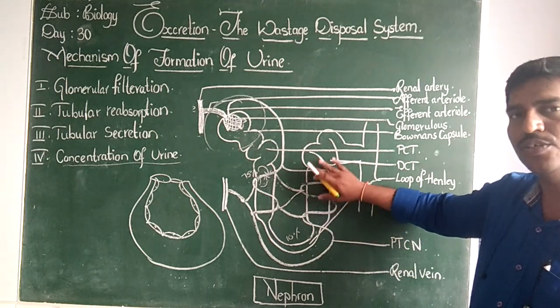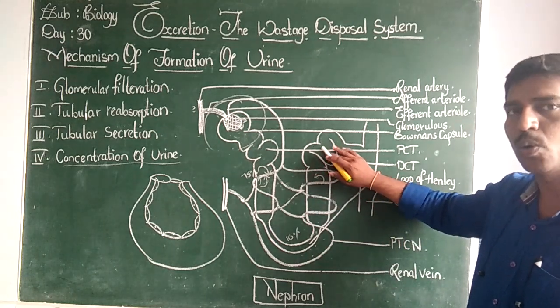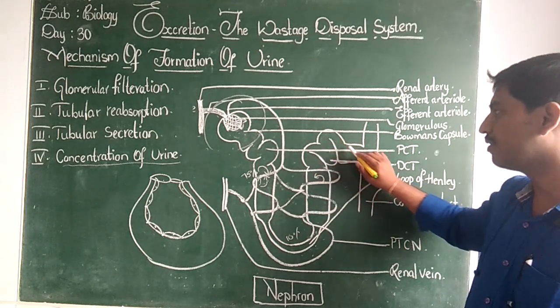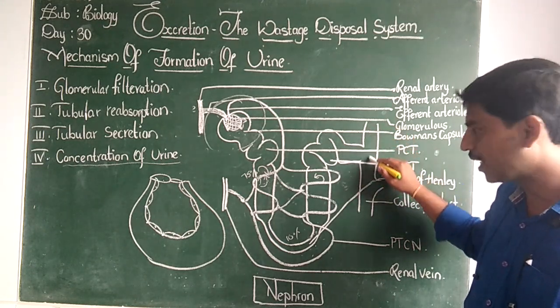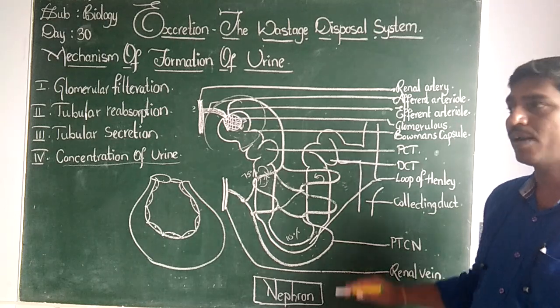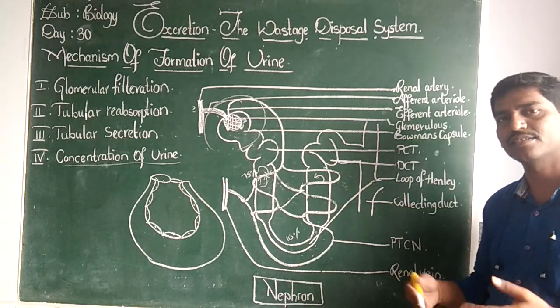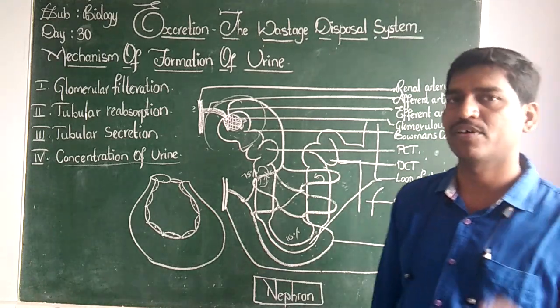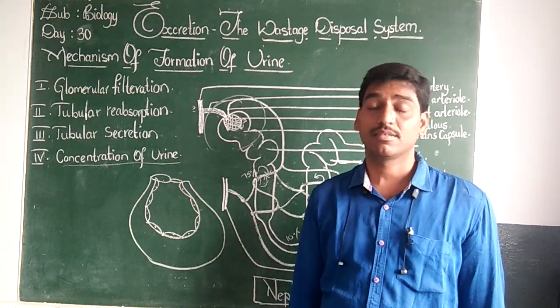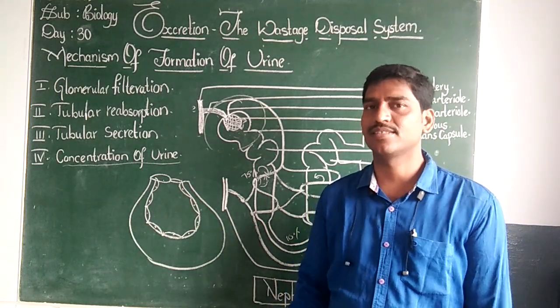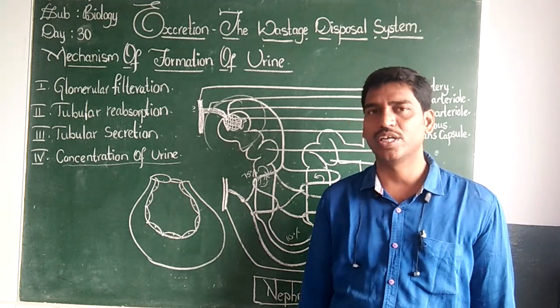Now the concentrated urine that is formed moves from the distal convoluted tubule to the collecting duct. From the collecting duct, it enters into the pelvis of our kidney, and from there it moves out through the ureter. This is how the mechanism of formation of urine takes place.